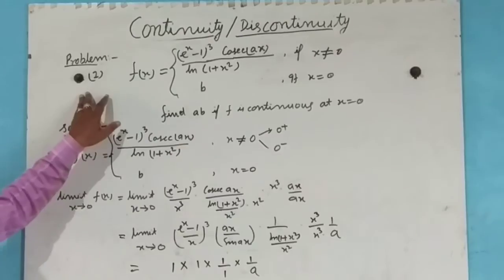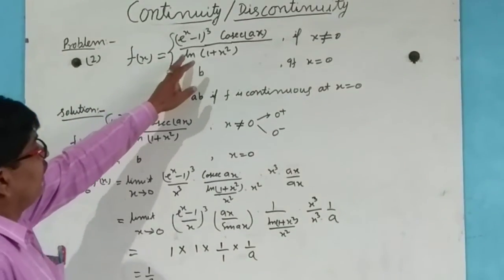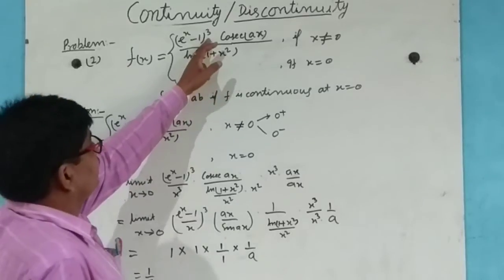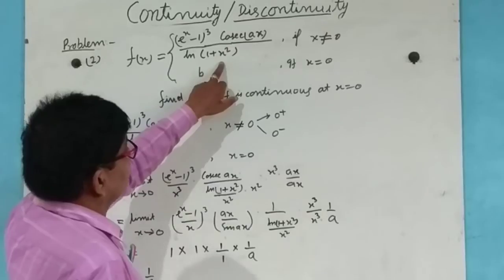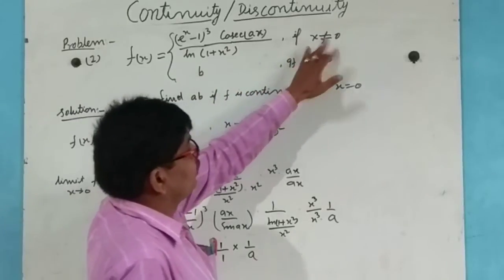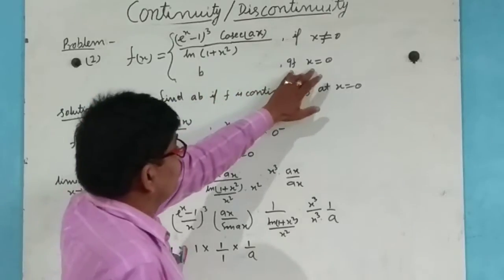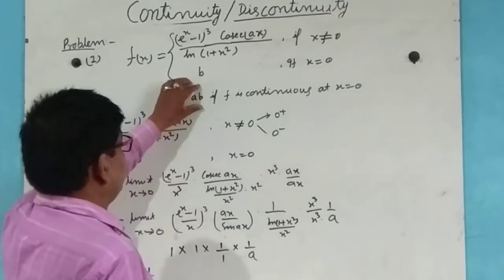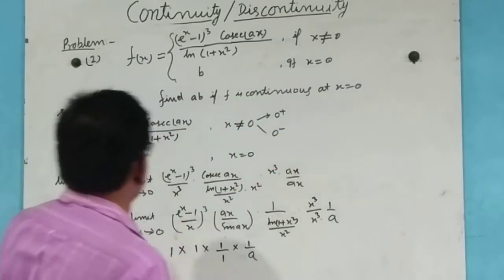Now the second problem: f(x) = (e^x − 1)³ cosec(ax) divided by ln(1 + x²) if x is not equal to 0, and equal to b if x equals 0. Find the value of ab if f is continuous at x equal to 0.